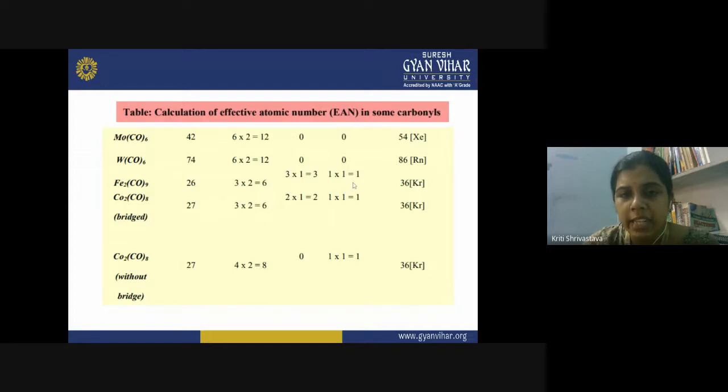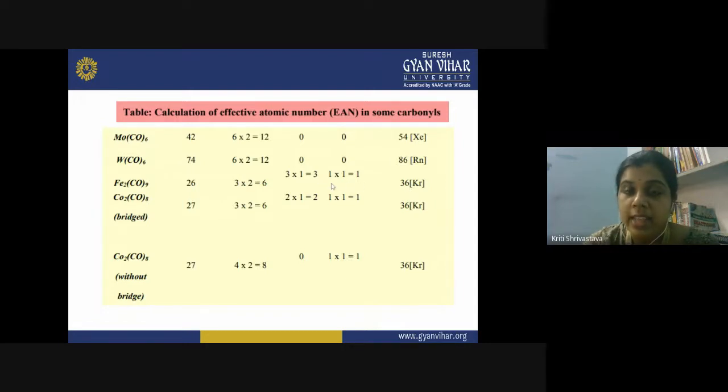So what you will get here, let us see: 26 plus 6 will be 32, and 32 plus 3 will be 35, and it is one number less than 36. We are getting a total of 35, and here we need 36, so it means that the value of C should be 1.